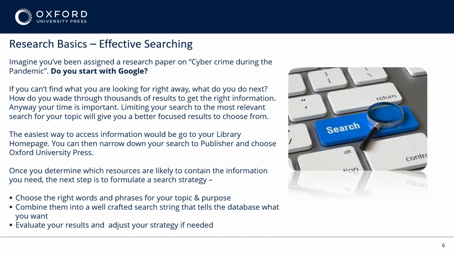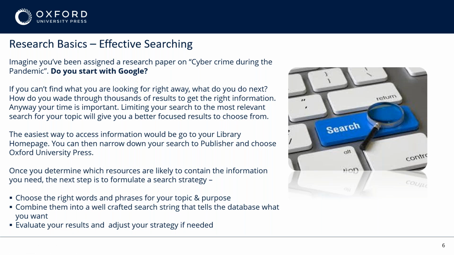However, when you're doing real scholarly research, which is the best place you would go to? Instead of going to Google, the best search would always be to your library site. Because your library homepage has so much information from different publishers.